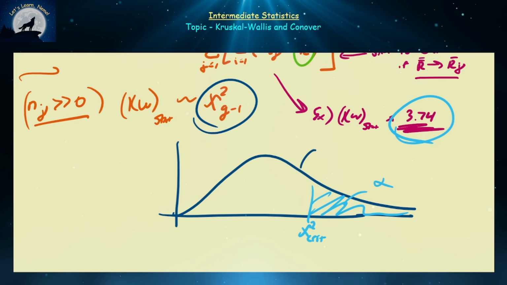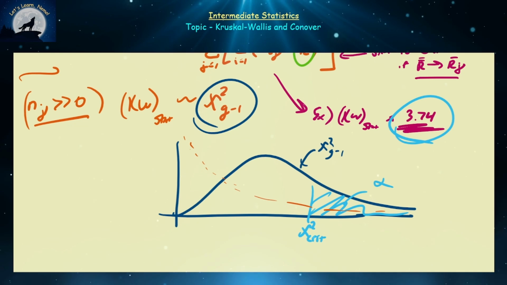And keep in mind, this is a chi-squared g minus 1 distribution. I believe when g is equal to 2, when the degrees of freedom is equal to 1, you have a weird case where it looks like an exponential decay curve, which is why this shape is slightly misleading when g is equal to 2, because technically you're not supposed to be using it for g equal to 2 anyway.